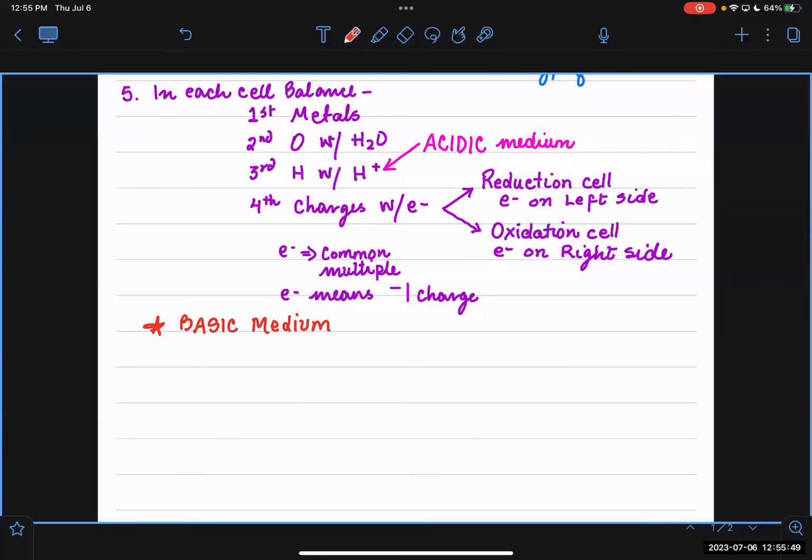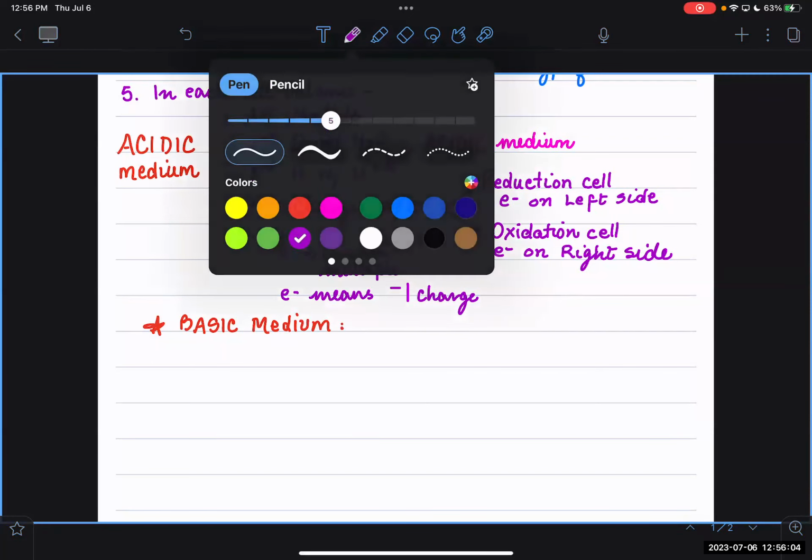So this is for the acidic medium. In general, this is what you will do. But if the reaction is in the basic medium, then you have to do one more step. So for a basic medium, you're adding a 5th step.